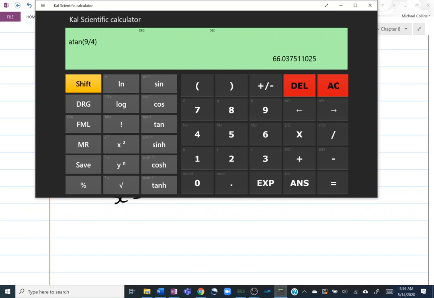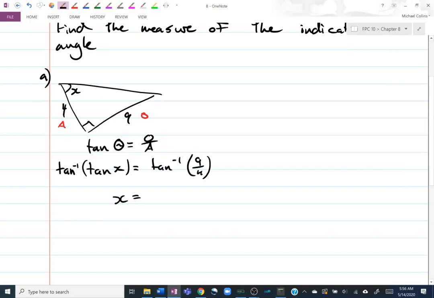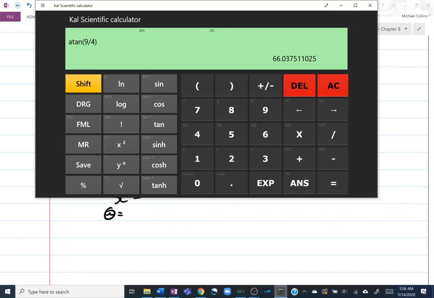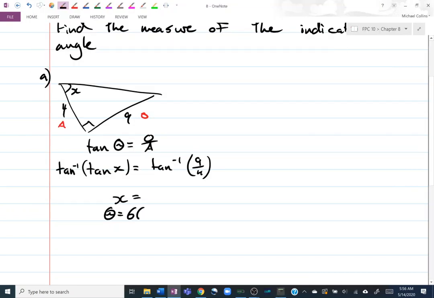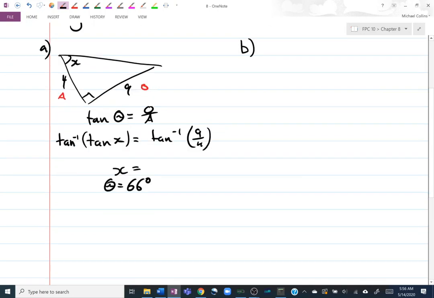Close my bracket, hit equal, and I find that my missing angle is, I went too fast for myself again, 66 degrees. So it's just an algebra problem, except now you know one more function. You know add, subtract, multiply, divide, brackets and exponents, and now we're starting to look at trigonometric ratios. So let's look at B. This one is going to be very similar.